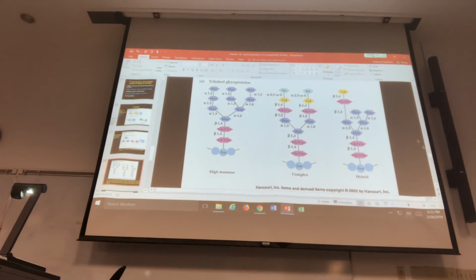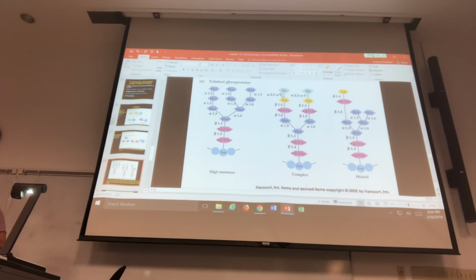The hybrid one, in my opinion, is the second easiest. In the hybrid one, one branch is made of a bunch of mannoses, and the other branch isn't. That's it. It's a hybrid. The complex form is the one that has sialic acid attached to the end of it. Okay? So the complex N-linked glycoprotein category is the one with sialic acid attached to it.